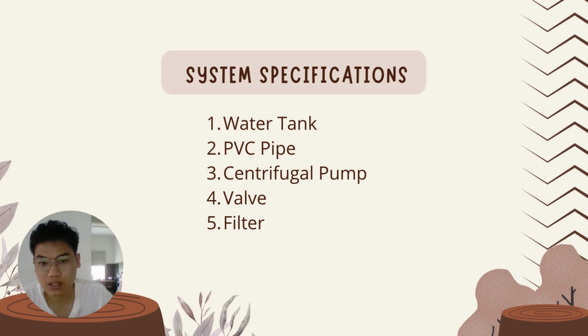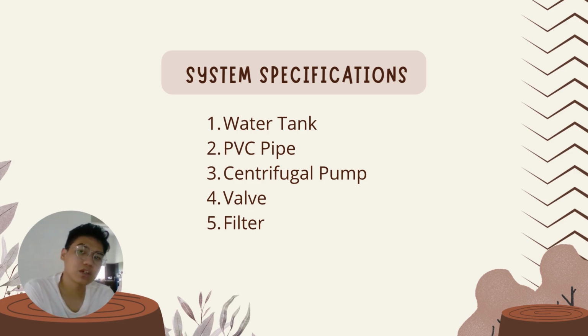The last one is the filter. The filter in the piping system serves the important function of removing debris and impurities from the water source before it enters the centrifugal pump.